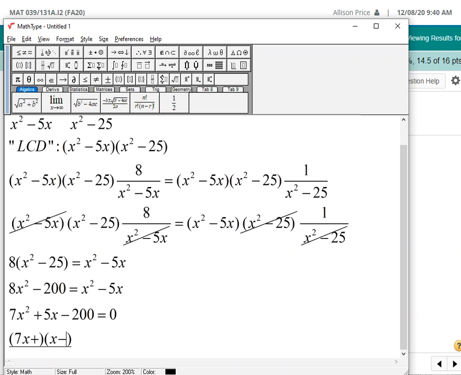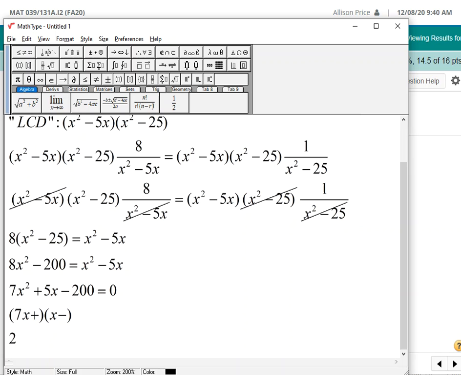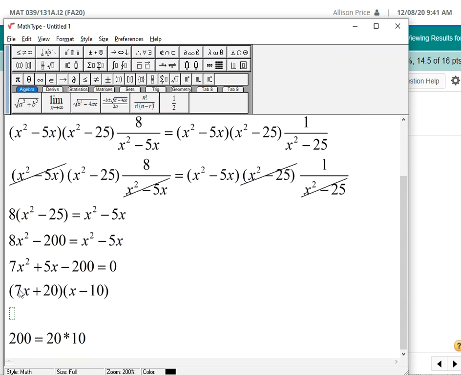So 200 is 20 times 10. Maybe we'll start there. I'm going to put in 20 and 10 and then check the middle terms. This gives for our middle terms 7 times negative 10 is negative 70x plus 20x, which is negative 50x. That is not the right value, much too large.